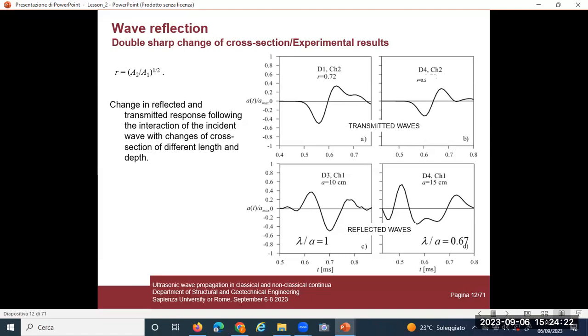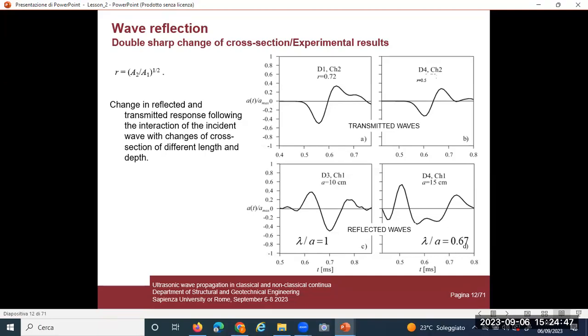So they start superimposing. And in the limit, if A is very, very short, you cannot see the discontinuity, because the two waves completely superimpose.